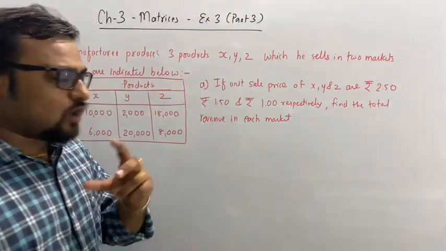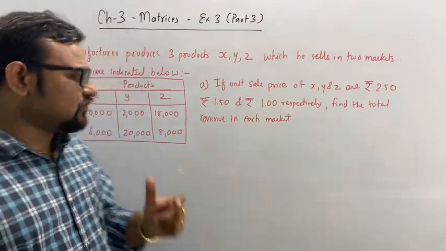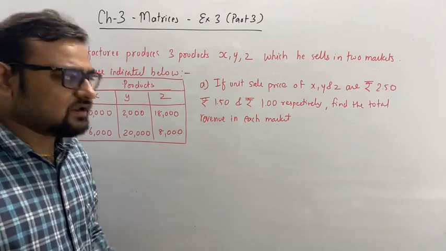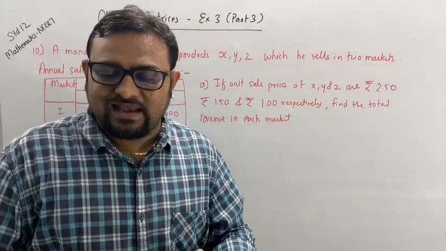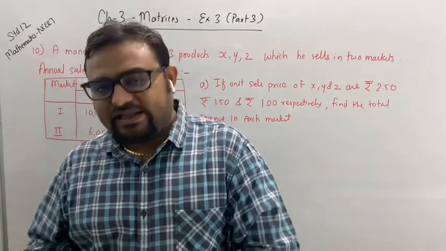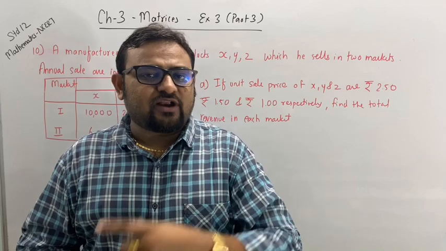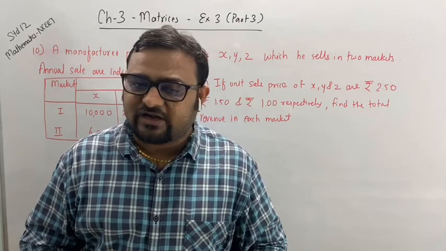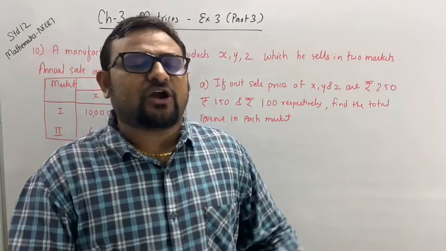So we will form a matrix of annual sale, then a matrix of selling price, and then multiply. Like, if there are 10 pens and one pen costs 5 rupees, then the total revenue after selling all 10 pens will be 10 times 5, 50 rupees. So you have to do it similarly.